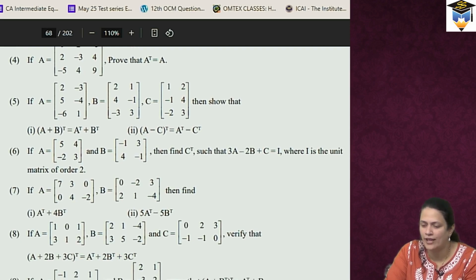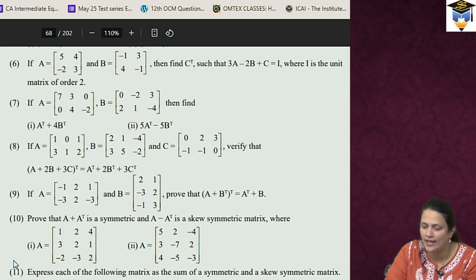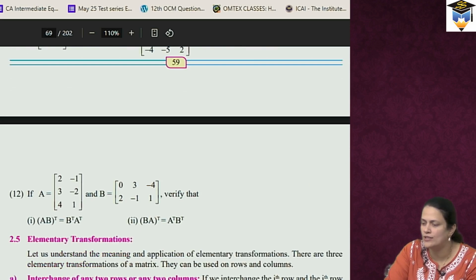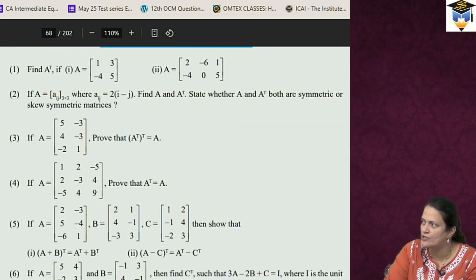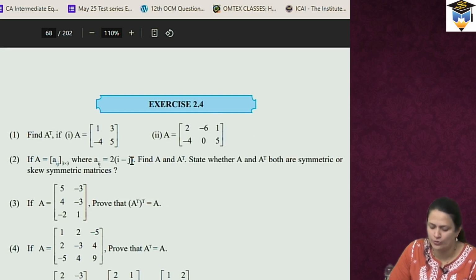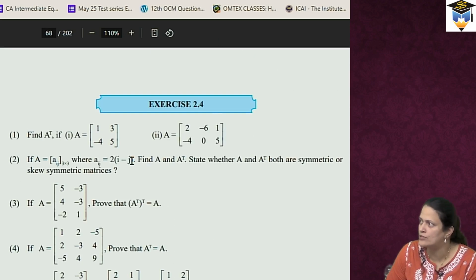So 5, 8, 10 may say we will do the first one, and 11 will do the second one, okay. So question number 1 is for you, you have to do it yourself. I am not going to do that because it is very easy. We are directly going to do question number 5.